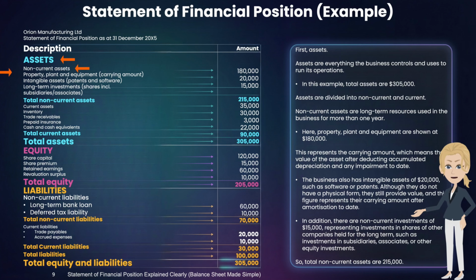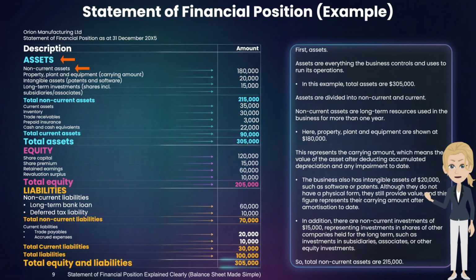Here, property, plant and equipment are shown at $180,000. This represents the carrying amount, which means the value of the asset after deducting accumulated depreciation and any impairment to date. The business also has intangible assets of $20,000, such as software or patents.